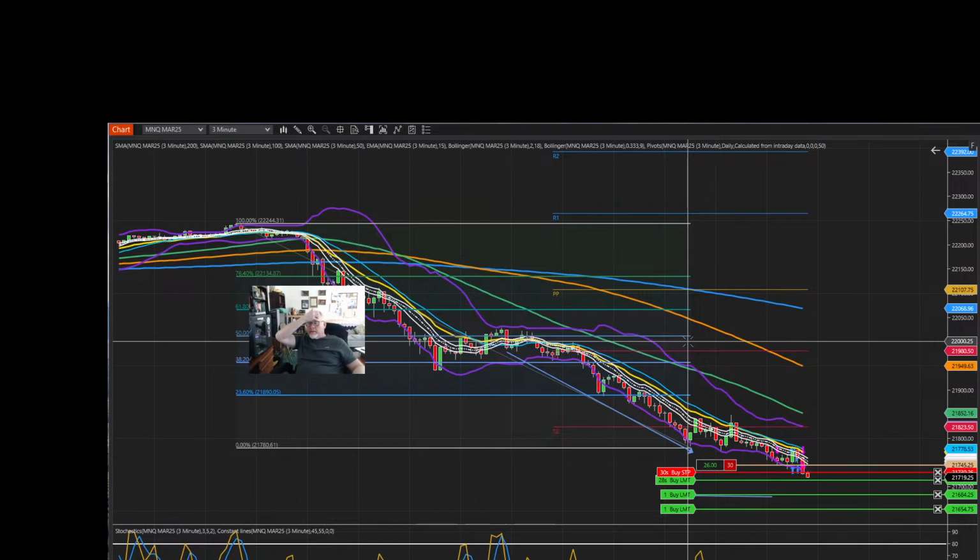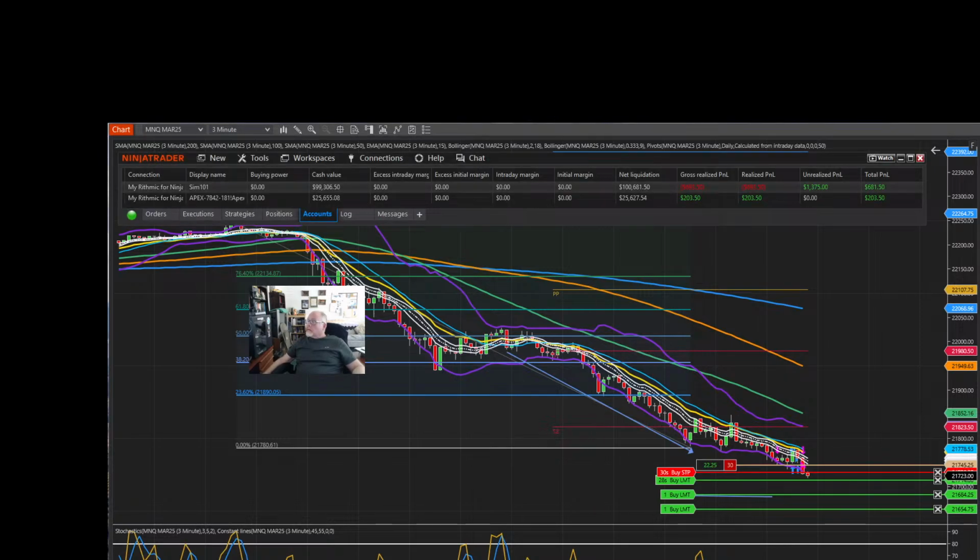This is the advantage of having an unlimited account in the sim. All right, so not the way I trade my other account, which you can see today.